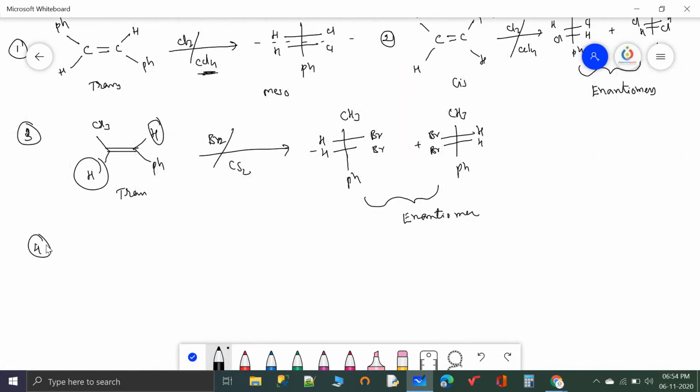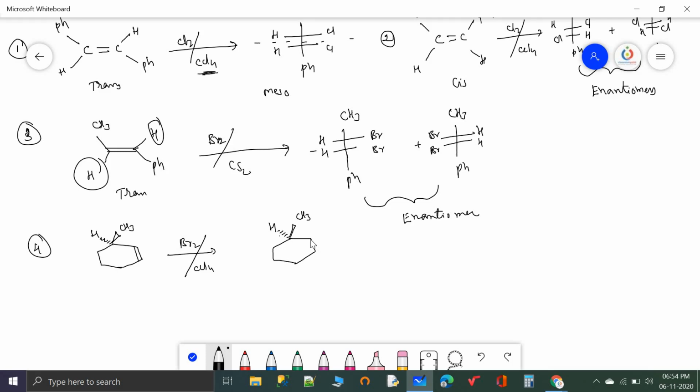Now let us take another molecule. CH3. So just add bromine in the presence of CCl4 or CS2, you can use any of those. The basic molecule will not get changed.